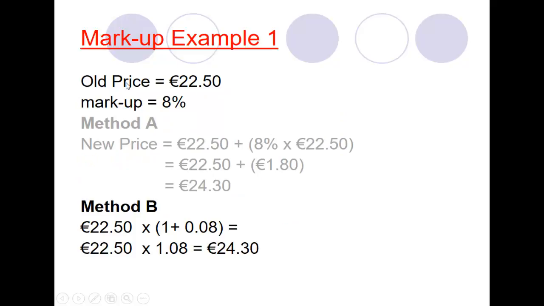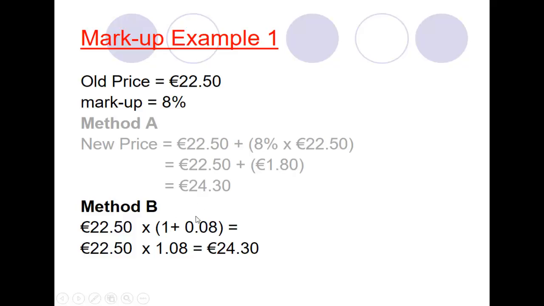So if the old price, or your cost price, was $22.50, and you had a markup of 8%, this is the old method A, and you can check that it's coming out correctly if you want, but we're going to focus mostly on method B. So again, 8% as a decimal is 0.08, 100% is 1.